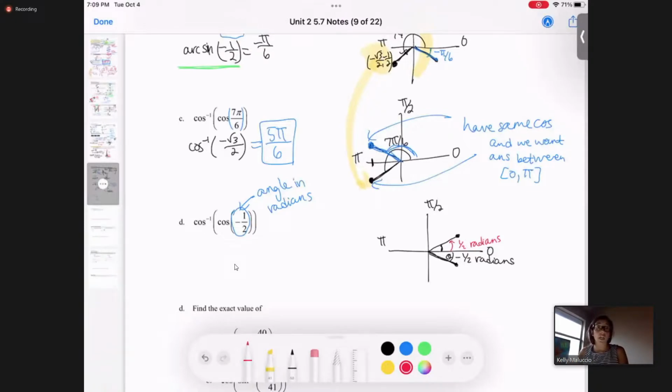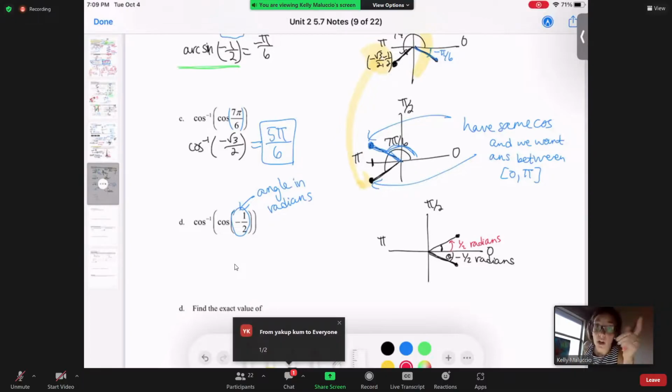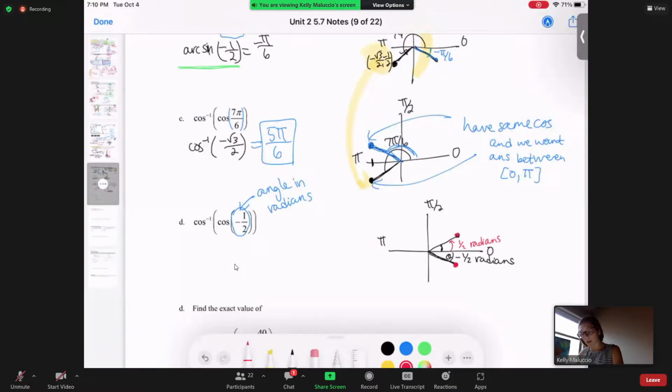And so you could put this in your calculator. It'll probably give you the right answer. Yeah, so Jakob's getting 1/2. But you could also just draw this picture and realize, okay, I have -1/2 radians. I want just +1/2 because it has to be between 0 and pi.